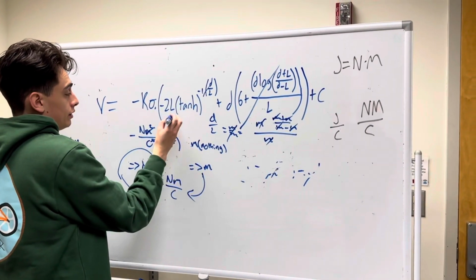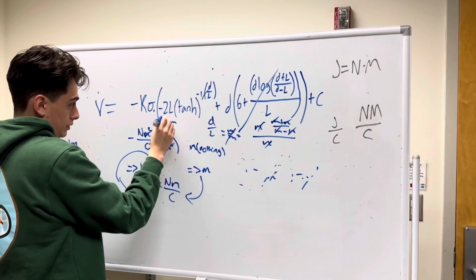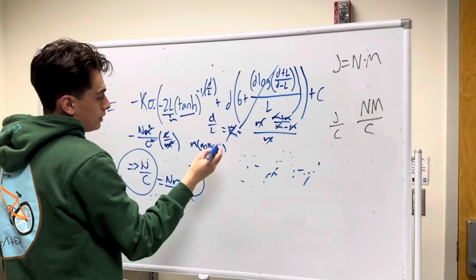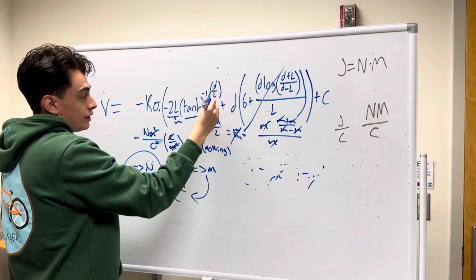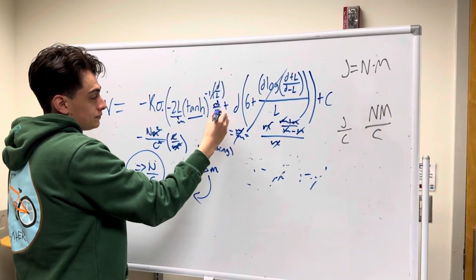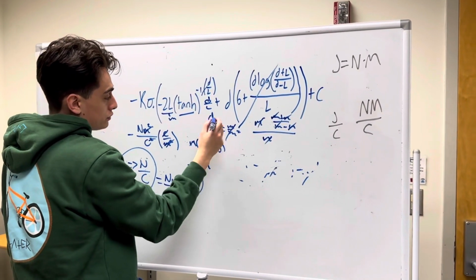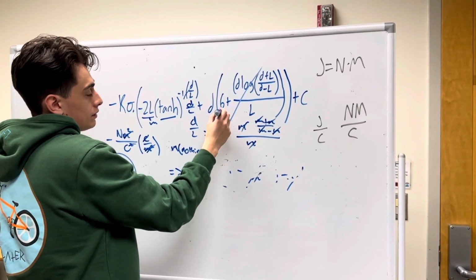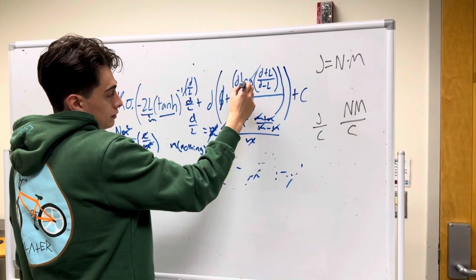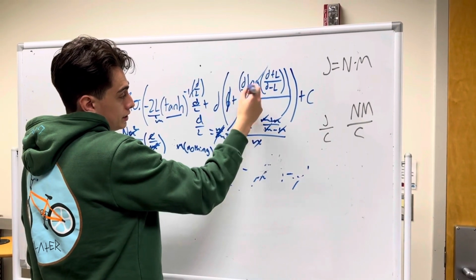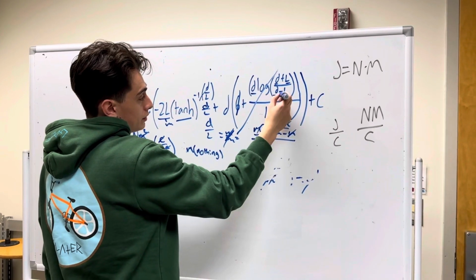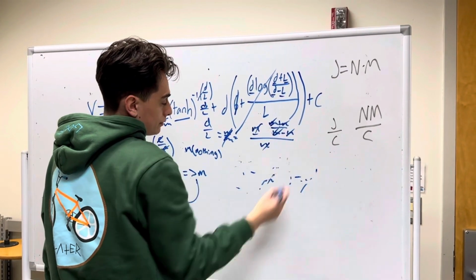And then here we have, this is in units of meters, unitless. This should be down here, but this is meters over meters, so that cancels. Then up here, this is unitless. Log is D is meters. Then we have meters plus meters divided by meters minus meters, so those cancel.